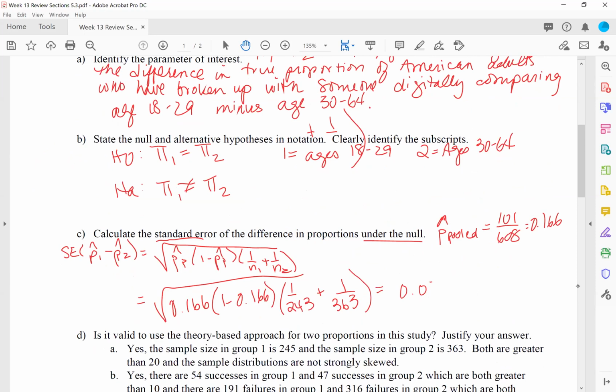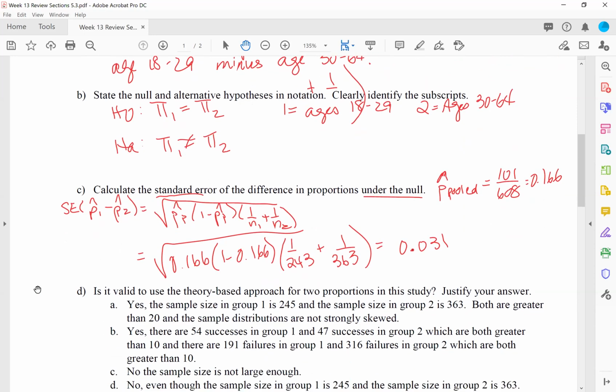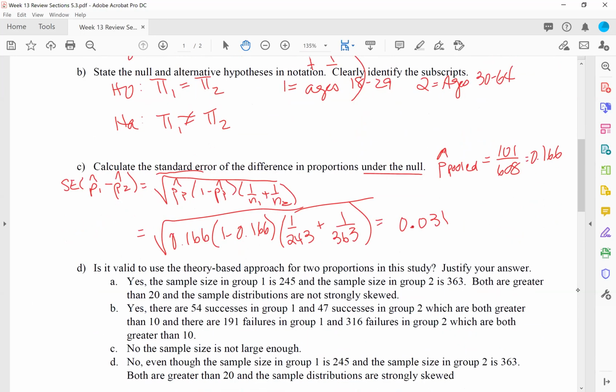And that calculation works out to 0.031. Any questions on where those values came from? I don't think so, no. Okay.